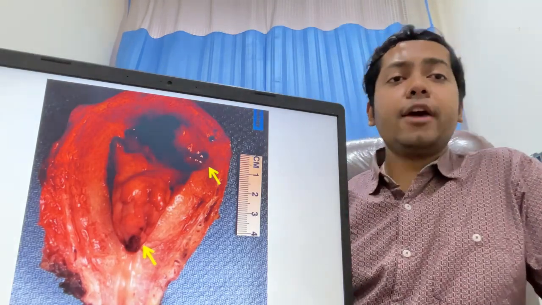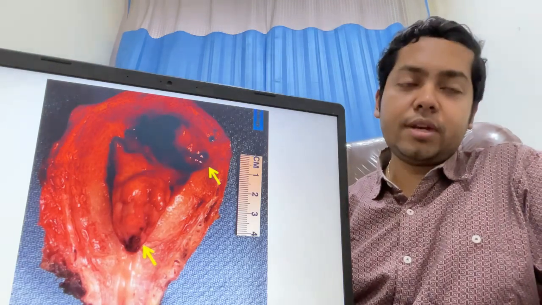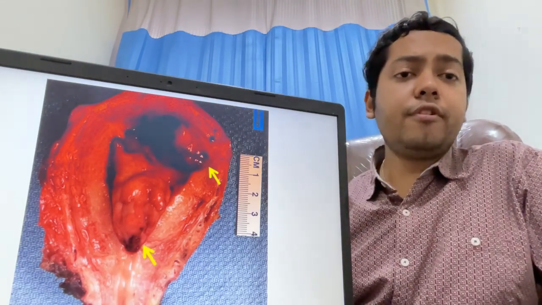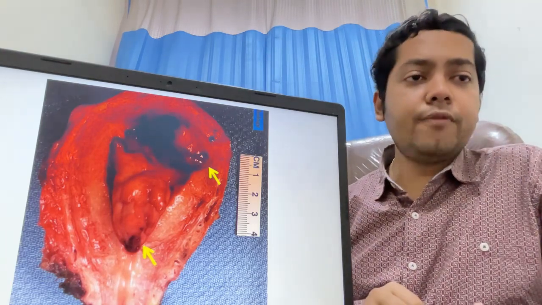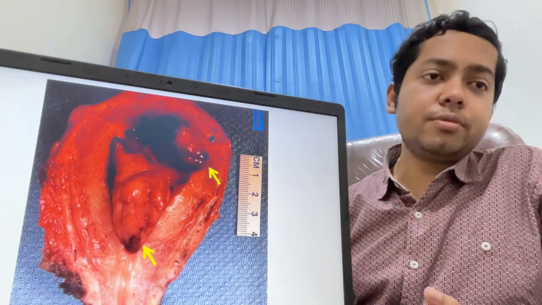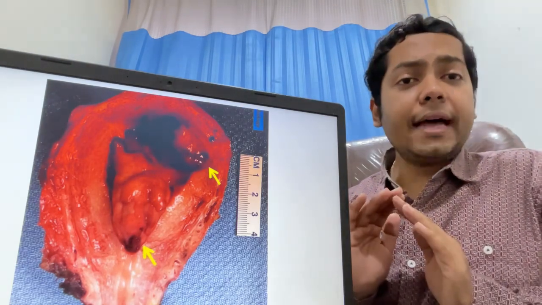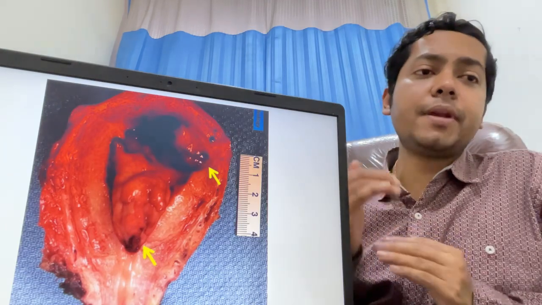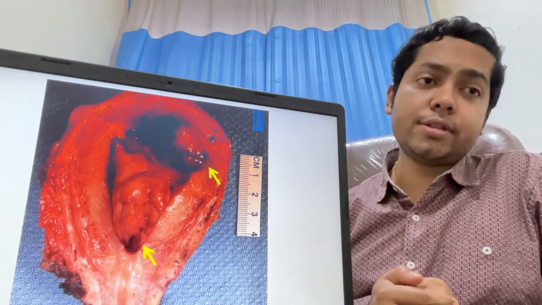But if there is myometrial spread of more than 50% of the myometrium, then we have to go for total abdominal hysterectomy, bilateral salpingo-oophorectomy plus post-operative radiotherapy has to be given. Okay, radiotherapy हम तब देंगे जब आधे से ज़्यादा मायोमेट्रियम में स्प्रेड कर जाएगा हमारा कैंसर. Okay, so this is important and will be asked to you.